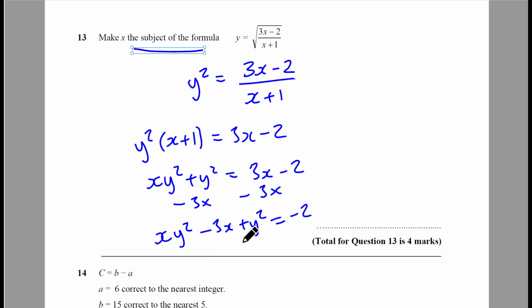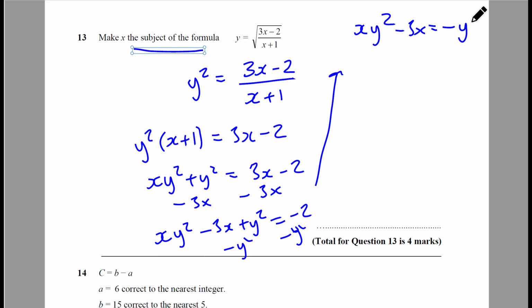We're going to minus the y squared on both sides. Hope you can see that's minus y squared. So what we get left with up here is xy squared minus 3x is going to equal minus y squared minus 2.